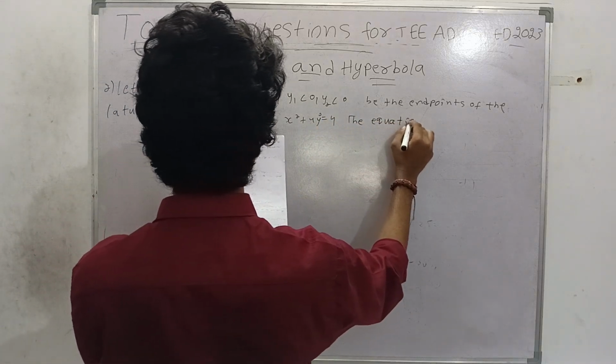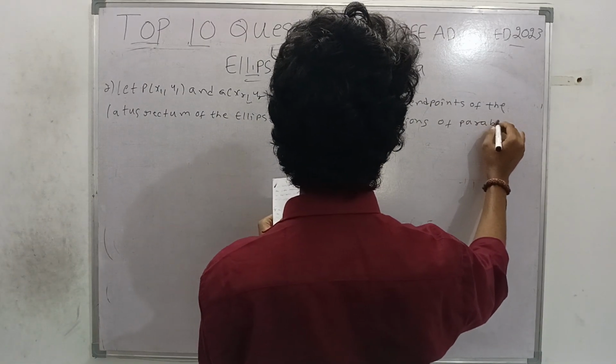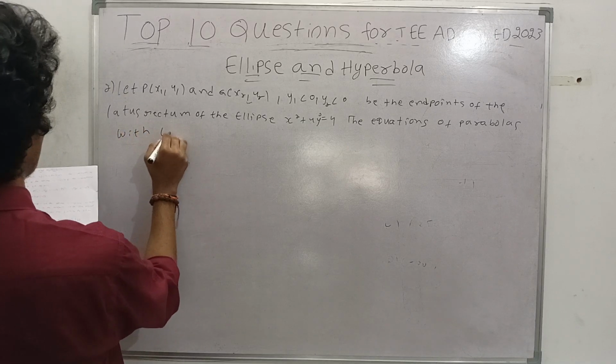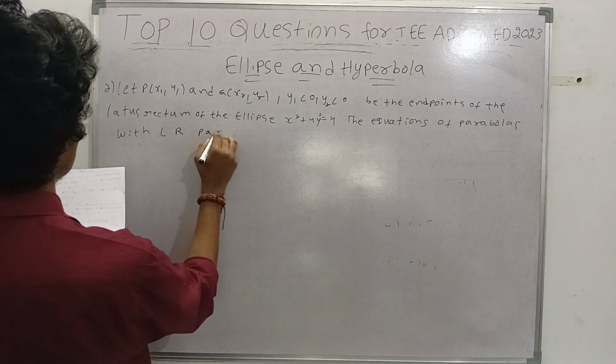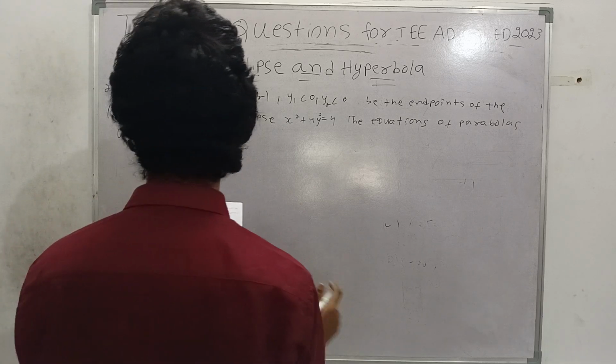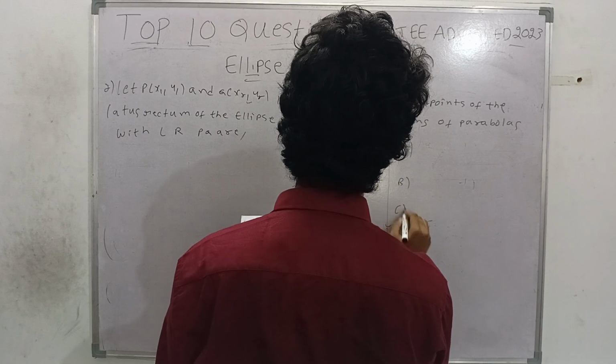The equations of parabolas with latus rectum PQ are, and the given options are option A, option B, option C, option D.